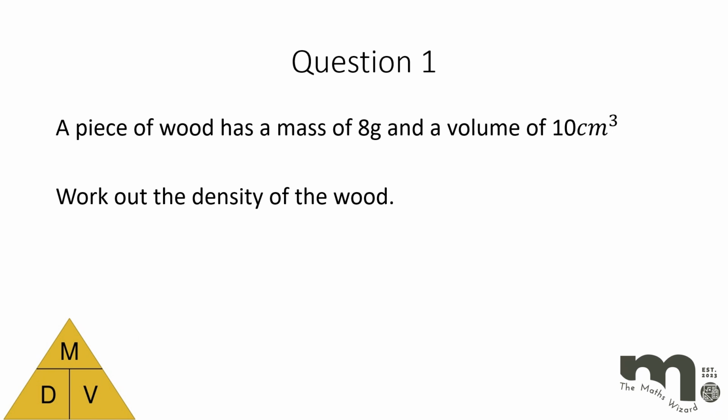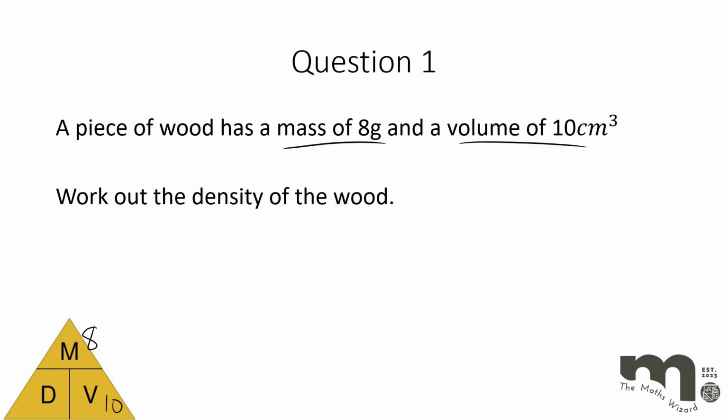Okay, let's take a look at some questions then. We've got this question that says a piece of wood has a mass of 8 kilograms and it has a volume of 10 centimeters cubed. So we know the mass is 8, so we've got that on the top of the formula triangle. We know that the volume is 10, so we've got that on the bottom.